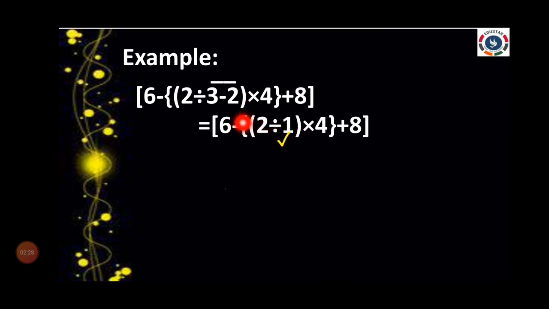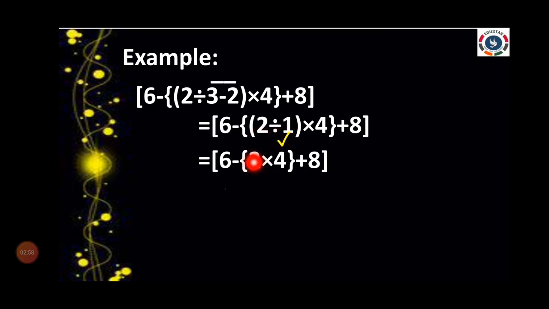Then what is the next step? We have completed the line bracket. Next, which bracket comes in the order? The next is the round bracket. So we want to solve the round bracket values. The remaining you write as it is. So equal to square bracket 6 minus 2 divided by 1, these two numbers are inside the round bracket, isn't it? So we have to solve the sum. 2 divided by 1 is how much? 2 only, right?